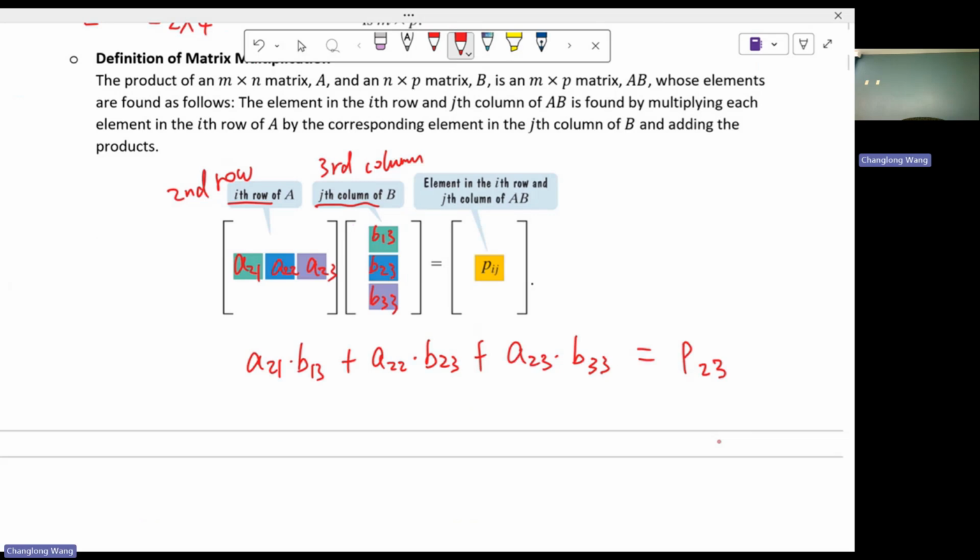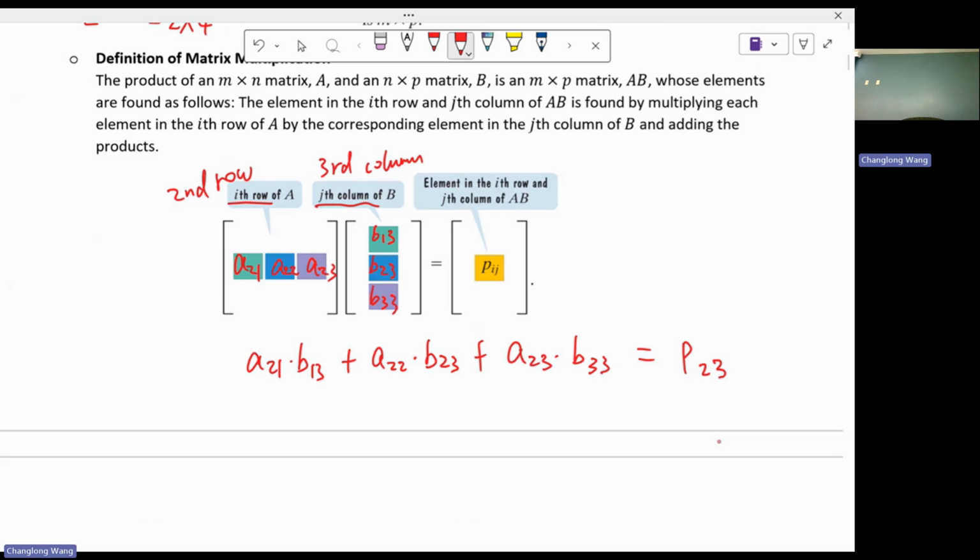What you're going to do is go to the matrix A and take the second row. Go to matrix B and get the third column. Multiply the second row of A with the third column of B. And by doing this kind of weird multiplication and addition, you're going to get the entry on the second row and the third column of the new matrix.